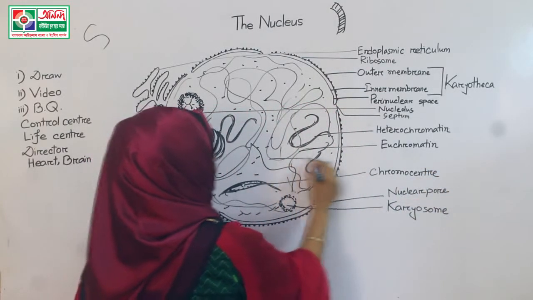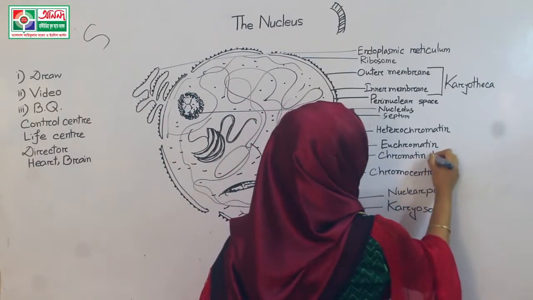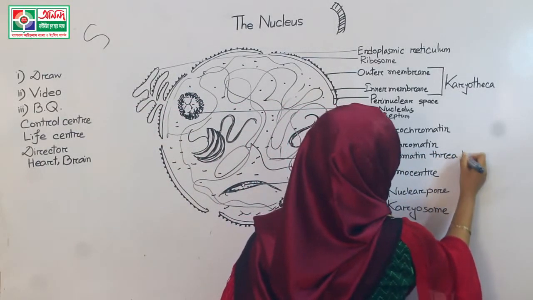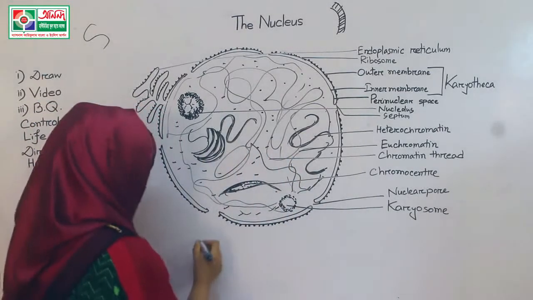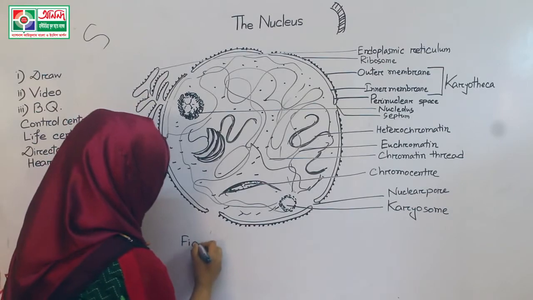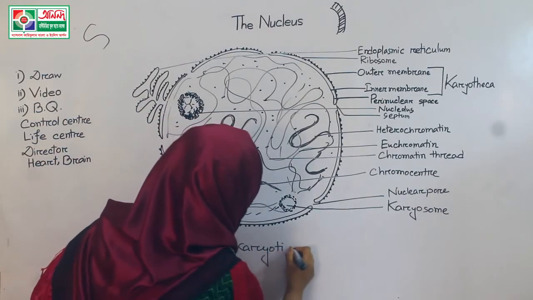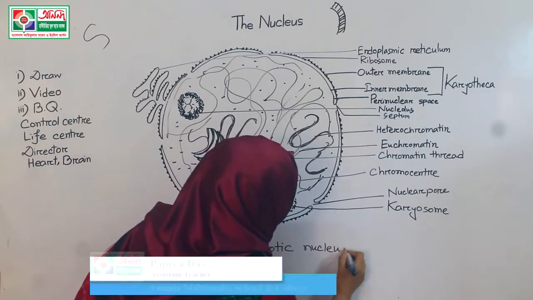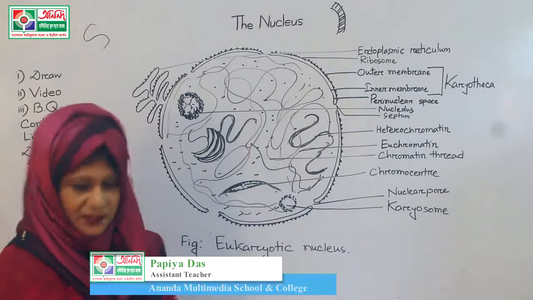And this is known as the chromatin thread. Okay students, this was the labeling of this structure, and last of all you will write the figure title, Eukaryotic nucleus, right? Should I repeat again?